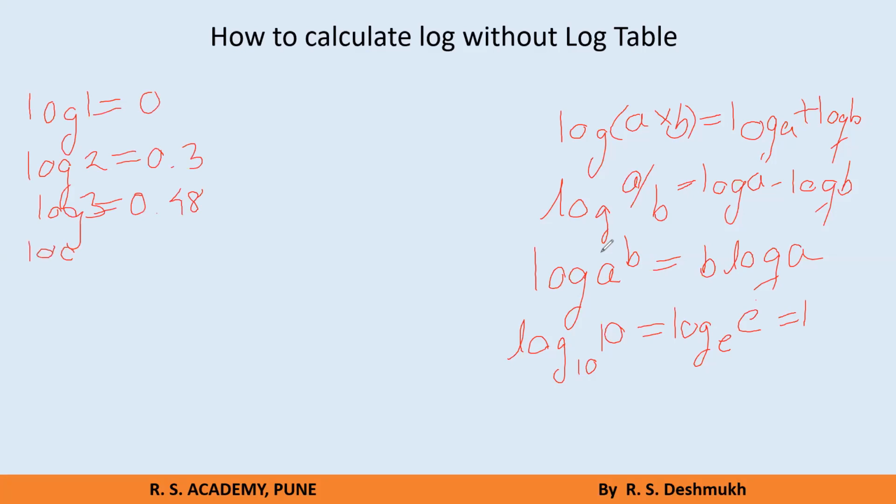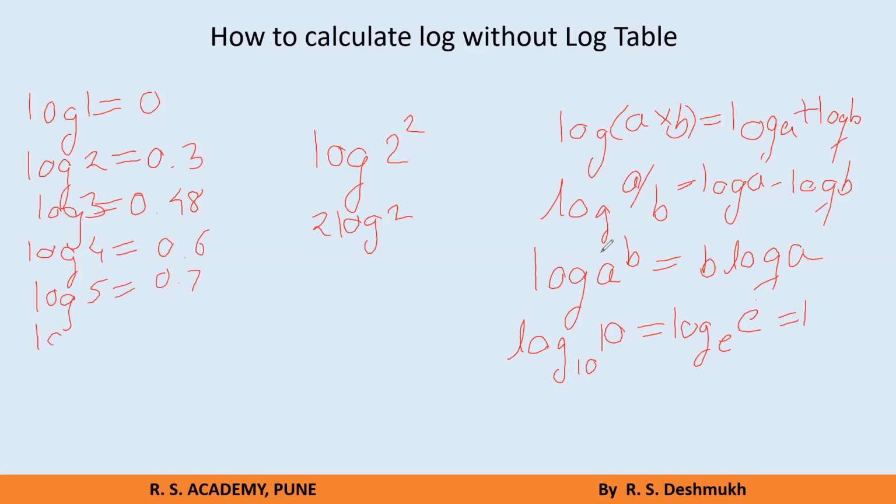Suppose I want to find the value of log 4. Log 4 means log 2 to the power 2, that is nothing but 2 log 2. So it is 2 into log 2. What is log 2? 0.3. So 2 into 0.3 will become 0.6. Next one is log 5. So the value of log 5 is 0.7.